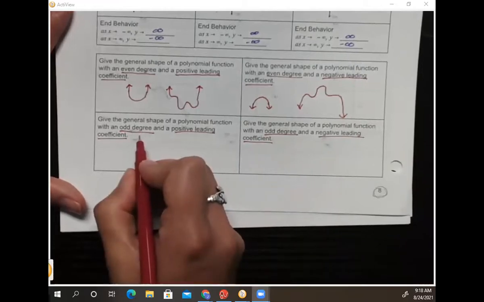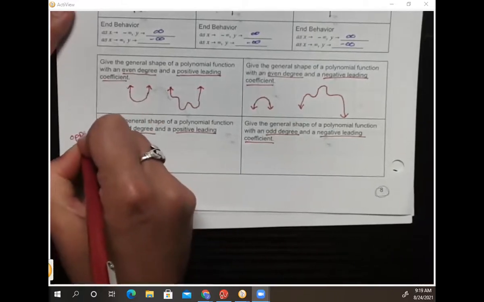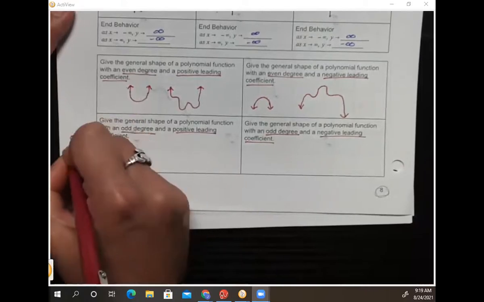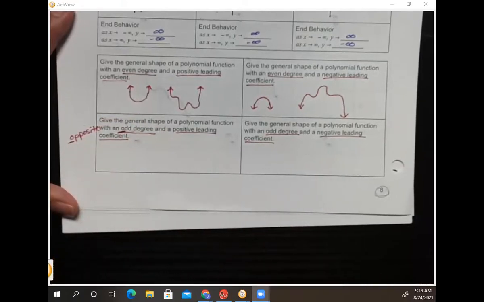For an odd degree polynomial, my ends go in the opposite direction. Odd, opposite. For an odd degree polynomial, your ends go in the opposite direction. A linear function is an example of an odd degree polynomial, right? A linear function looks like a line when we graph it.